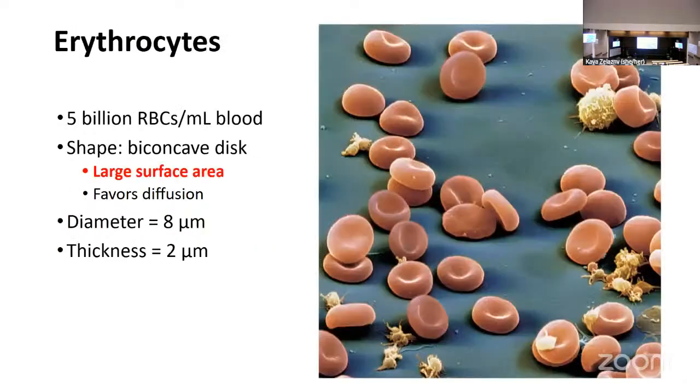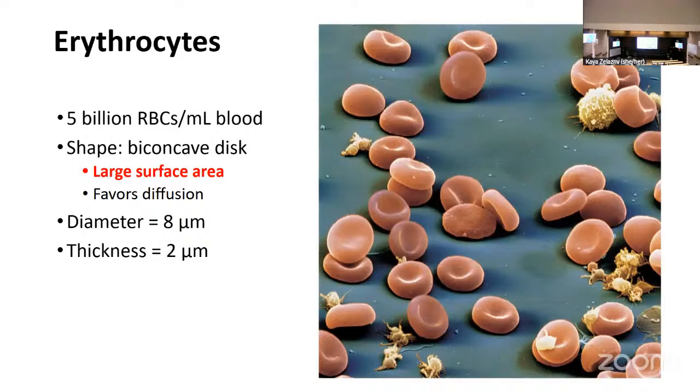So let's first think about our erythrocytes, our red blood cells. We have about 5 billion of them in every milliliter of your blood. So you've got 5 or 5.5 liters of blood, and 5 billion red blood cells in every milliliter adds up to an awful lot.